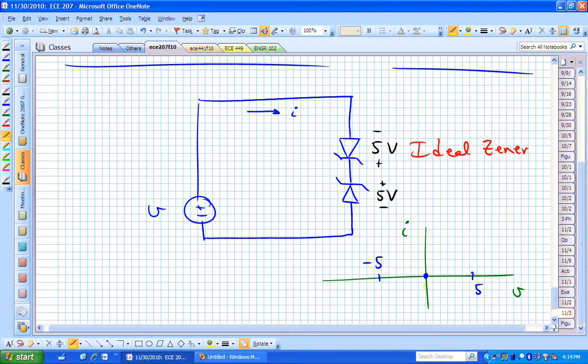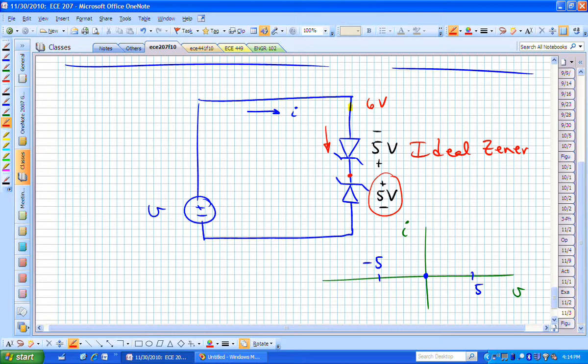If little v is plus 6 volts, this point right there is now 6 volts, and this point right here is 5. Because this one's reverse biased, and this one is wanting to be forward biased in order to conduct.